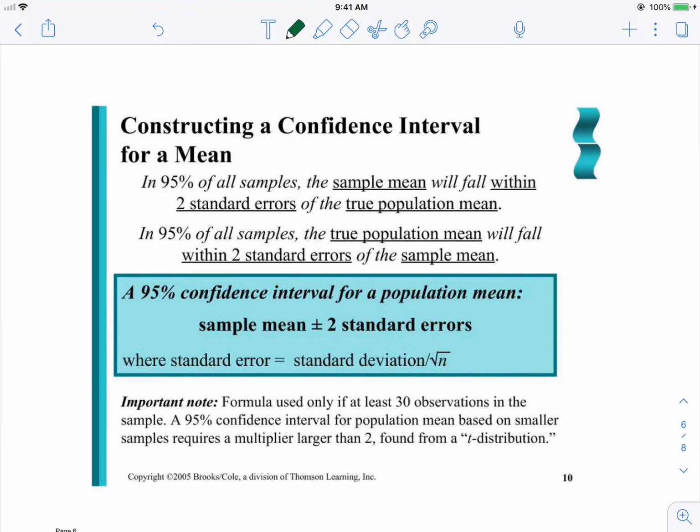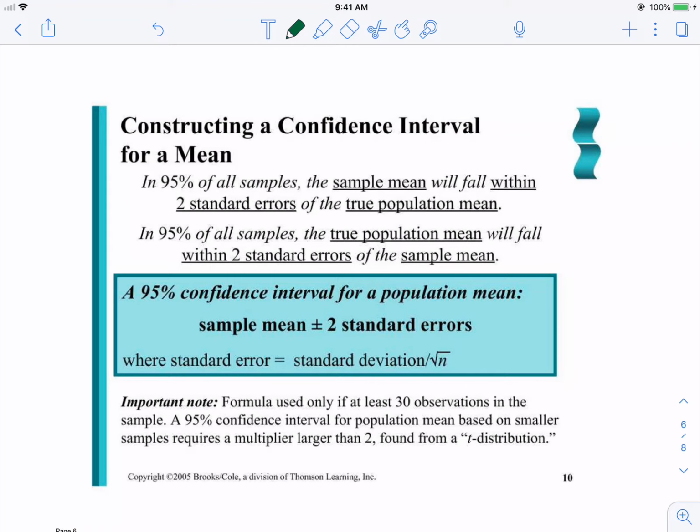So once those conditions are met, we're going to see a very similar procedure to what we did with proportions. To create a 95% confidence interval, again, we want to be within 2 standard deviations, or now that we're talking about means, within 2 standard errors of the center of that curve. We can create a 95% confidence interval by placing the sample mean at the center in place of the population mean, and we'll go 2 standard errors to the left and 2 standard errors to the right.